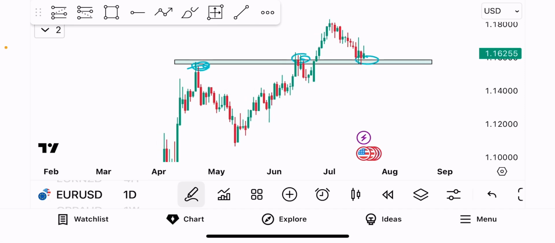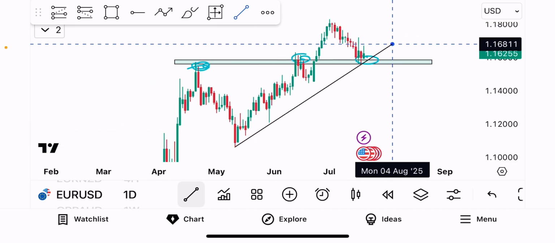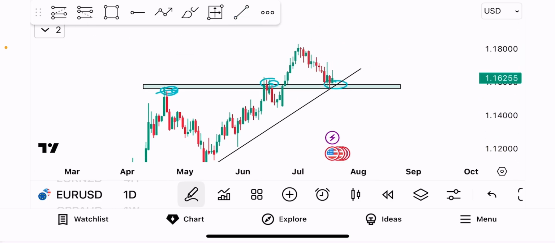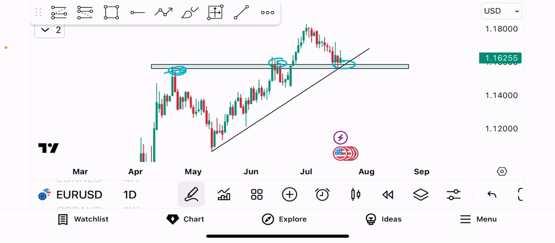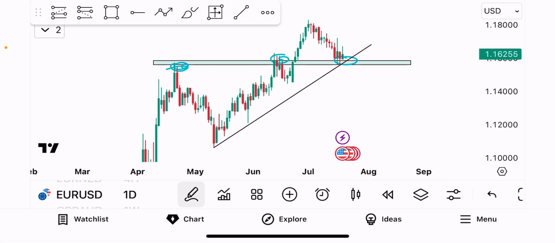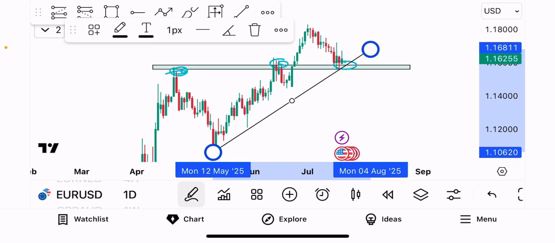If you put your trend line from here, you can see that the market is still bullish and might likely continue bullish. So for us to sell further, we are likely to see the price break the trend line and the key level. This remains the key level, this is the trend line.